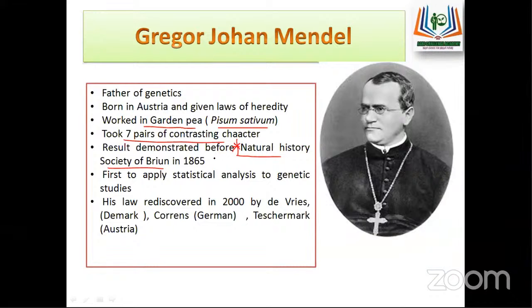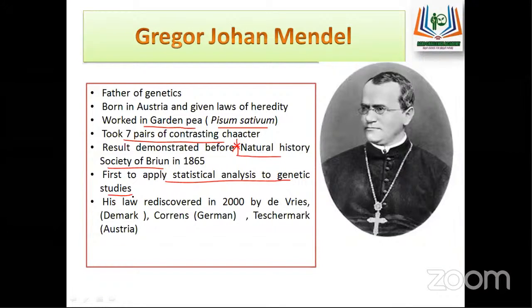The next important thing is that he was the first person to apply statistical analysis to genetic studies. He died in 1884, and the paper was rediscovered in 1900, that is 16 years after his death.